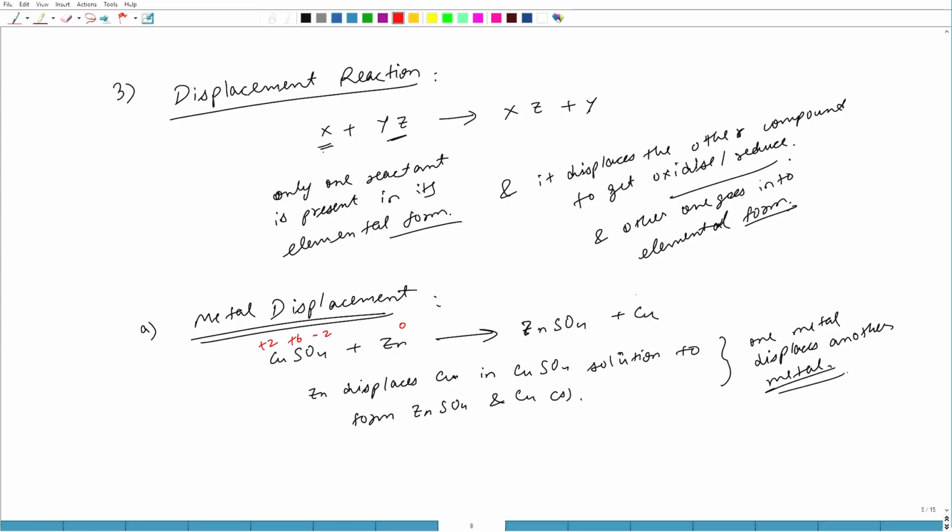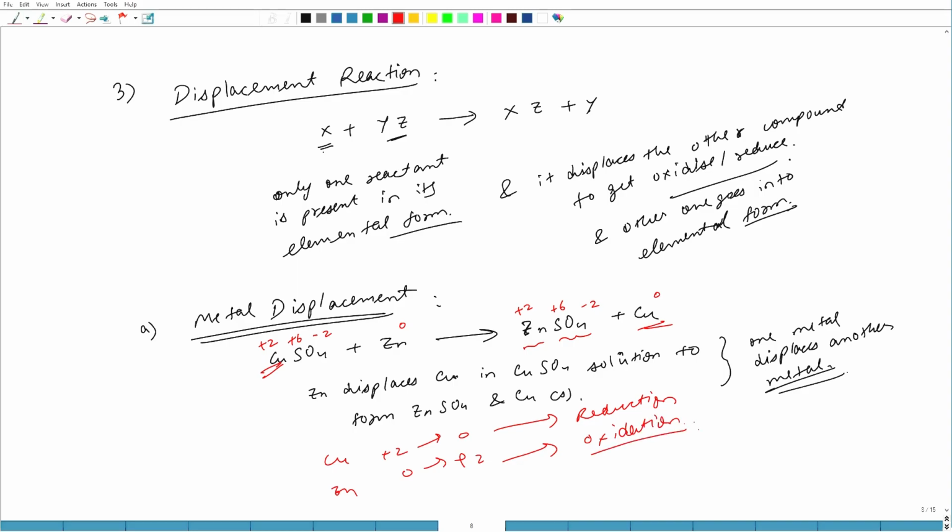Copper again is 0, zinc in zinc sulphate is +2, because sulphate is -2. That means copper has gone from +2 to 0, whereas zinc has gone from 0 to +2. Copper has undergone reduction and zinc has undergone oxidation.